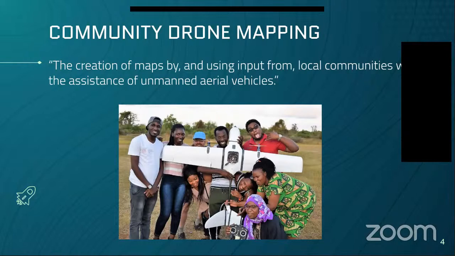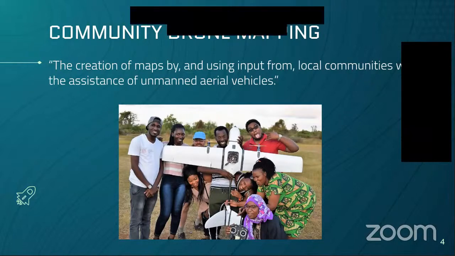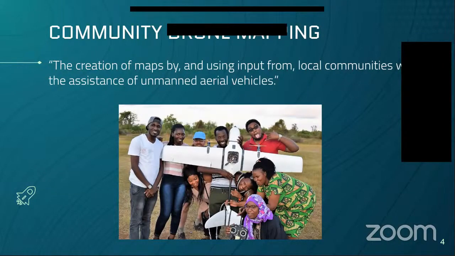But if we involve a drone, then we have community drone mapping. In simple language, community drone mapping is the creation of a map by and using input from the local community with the assistance of an unmanned aerial vehicle.